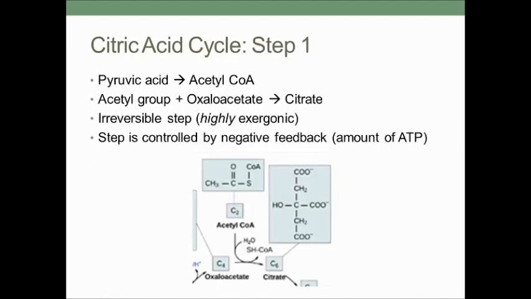So in our first step, we've already taken pyruvate, sometimes called pyruvic acid, and turned it into acetyl-CoA. Well, that acetyl group and oxaloacetate together form citrate. That is an irreversible step. It's highly exergonic, and it's controlled by negative feedback. So if we have a lot of ATP in our system, this step won't happen. And that's our body's way of not producing too much energy that we can't use.